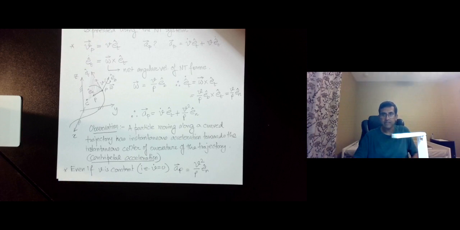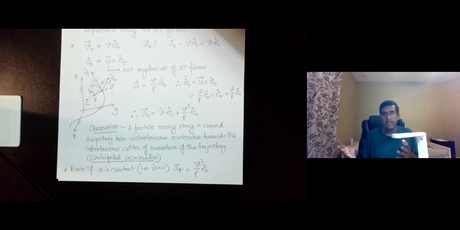What that tells us is that it doesn't matter if the particle has a constant velocity or if the velocity is changing. As long as it is going in a curved path, it does have an acceleration towards the center of curvature of the path.